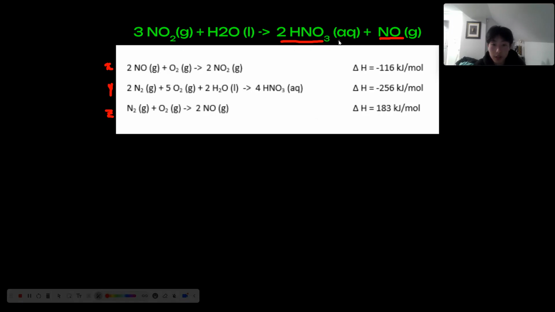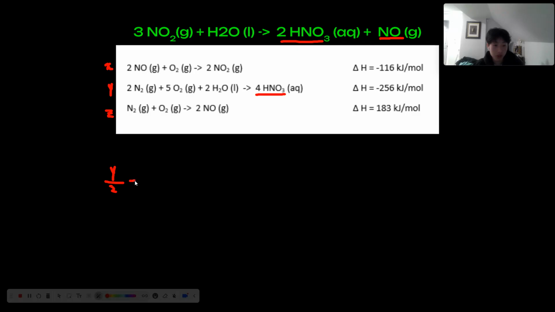In reaction Y, I can see we have 4 moles of HNO3 compared to the desired moles we want, which is 2 HNO3. So what we can do to manipulate this reaction Y is divide it by 2.